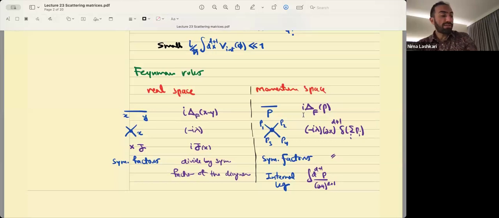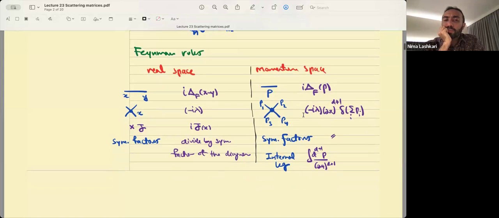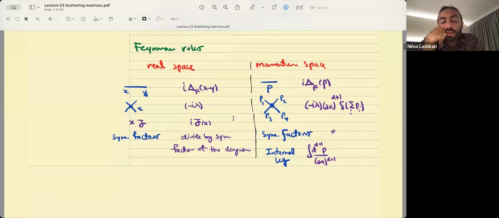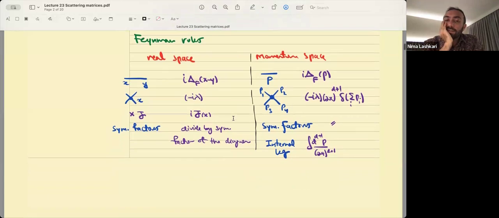Any questions about the Feynman rules in the case of the scalar field? We also discussed Feynman rules for fermions as well, and I'll come back to that later in this lecture.